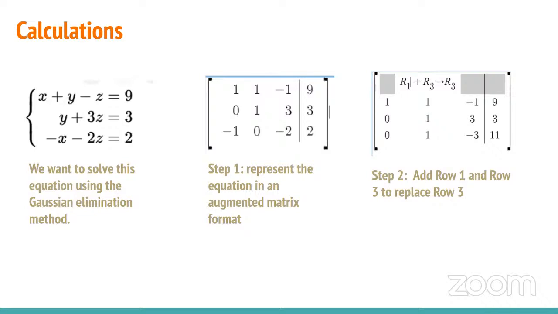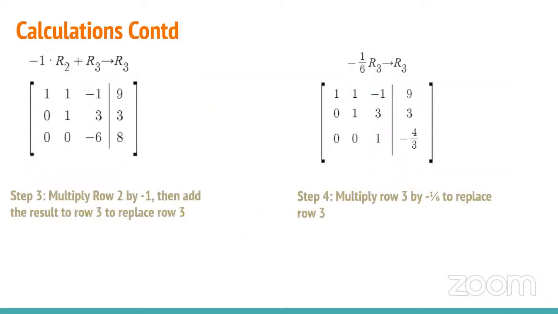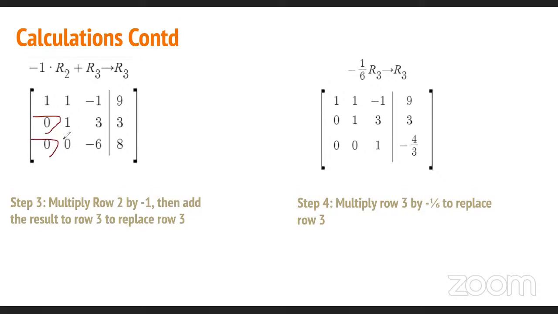So this is the next step, step 3. Now we have gotten 0 here, 0 here, 0 here, and 0 here.